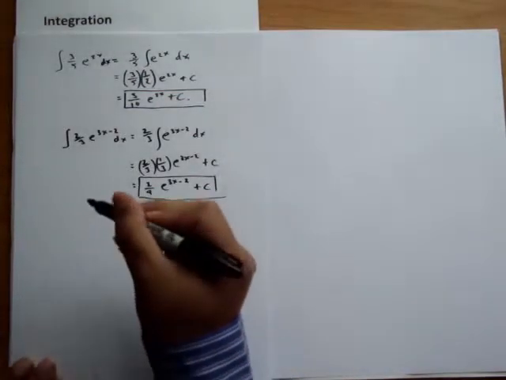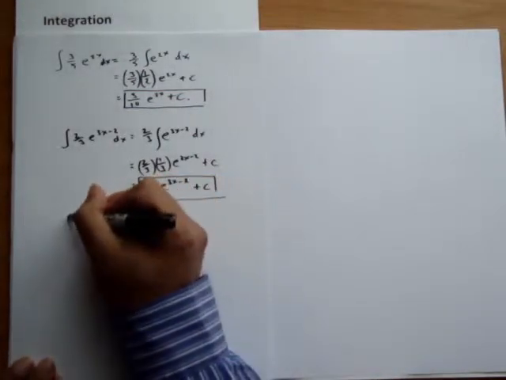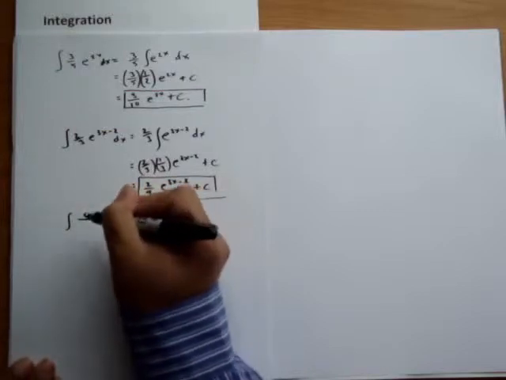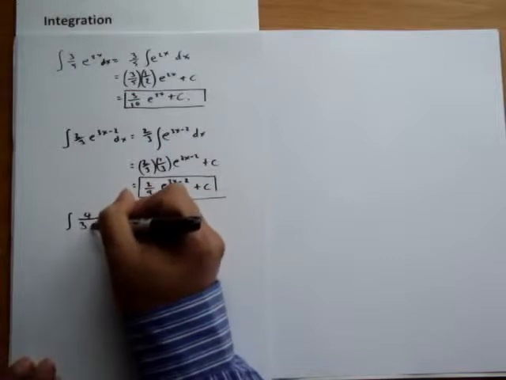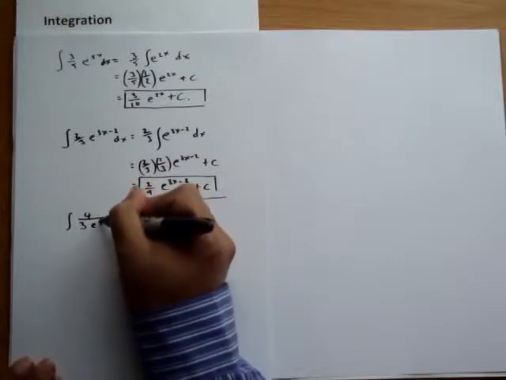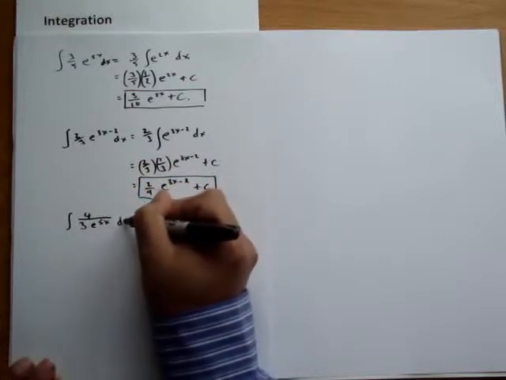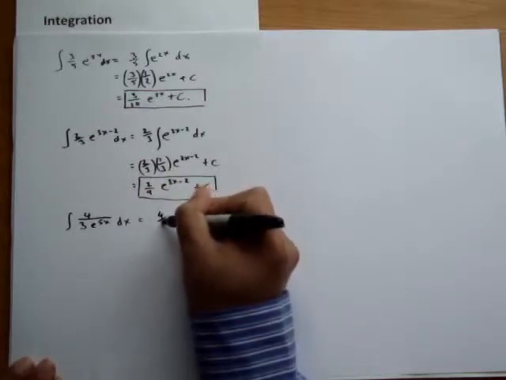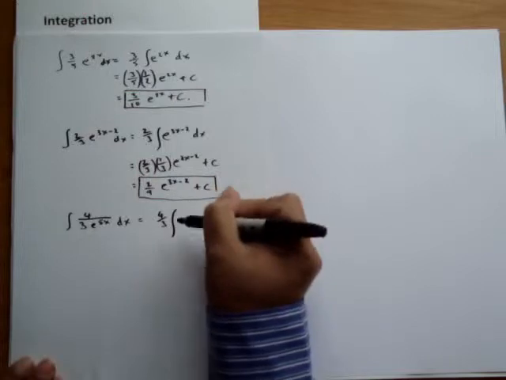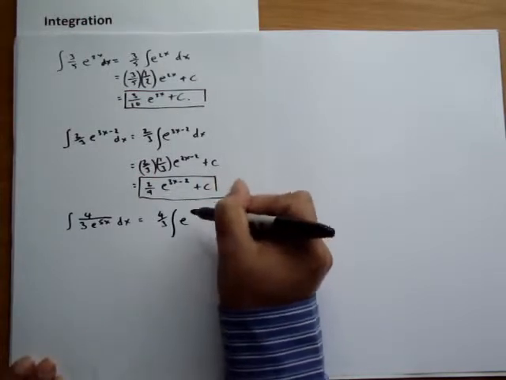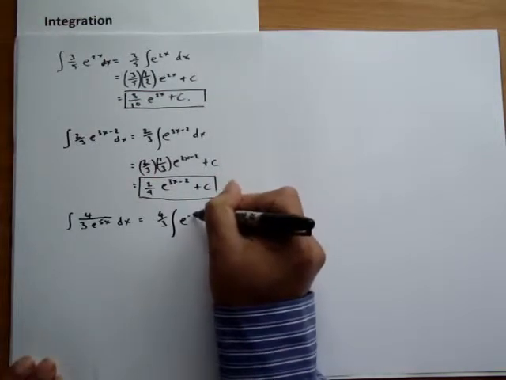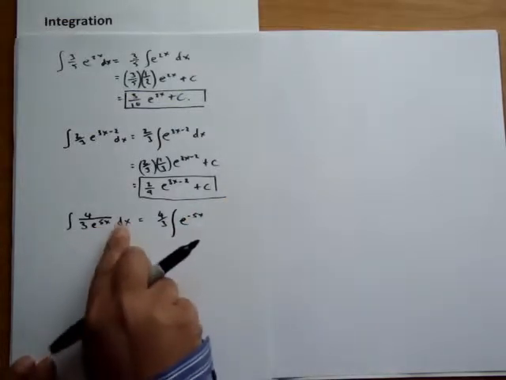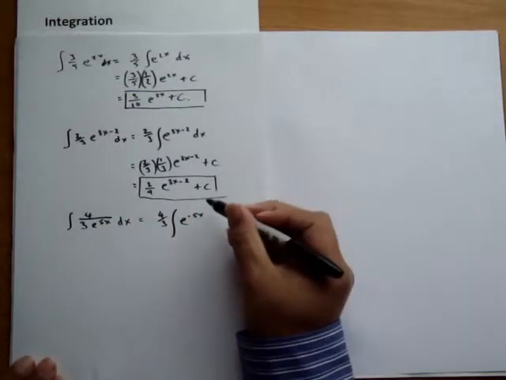Let's have a look at another one. If we have 4 over 3 e to the 5x dx, bring the constant to the front, then integrate e to the minus 5x. Remember, if it's on the bottom of a fraction and we want to take it up, we put a minus.